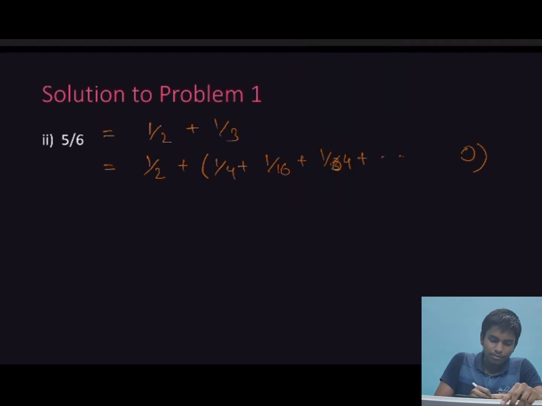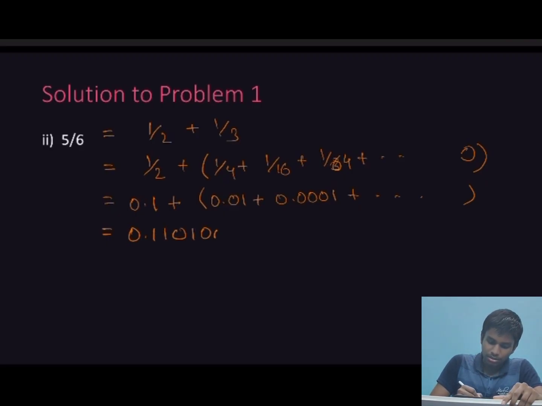So now we will write 1/2 as 0.1, 1/4 as 0.01, 1/16 as 0.0001, and so on. It will continue. Combining them we get 0.11010101 and so on. It will continue to infinite digits.